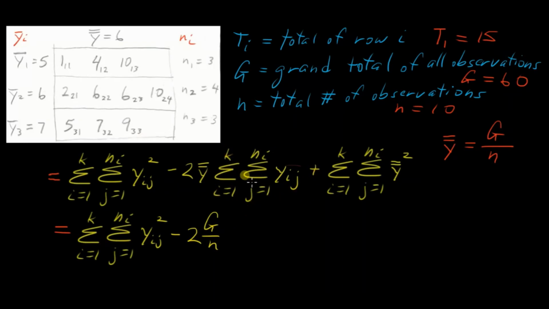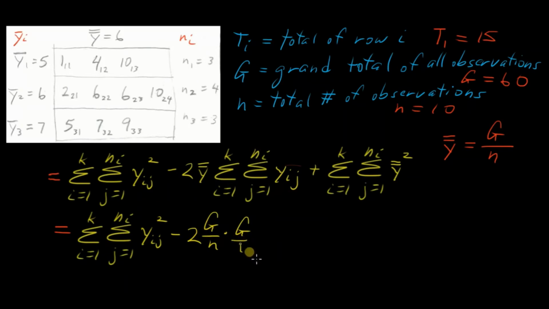Well, that's just G again. This whole thing here is just G, because all we're doing is taking every single one of the observations and totaling them up. So this whole thing turns into -2 times G over N times G.